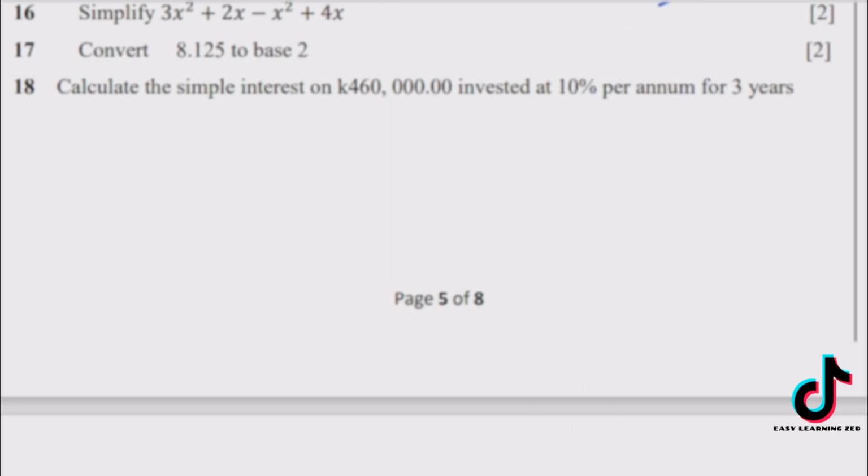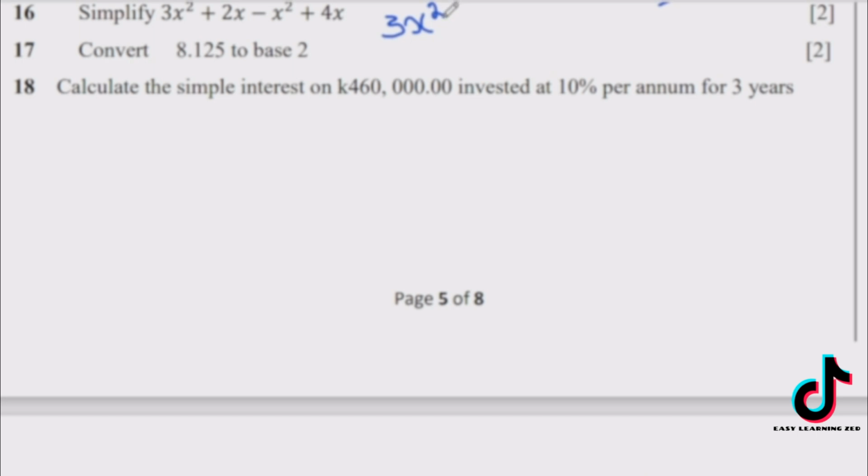So this is question 16. Let me solve question 16 here. So what I'm going to do is write 3x squared.